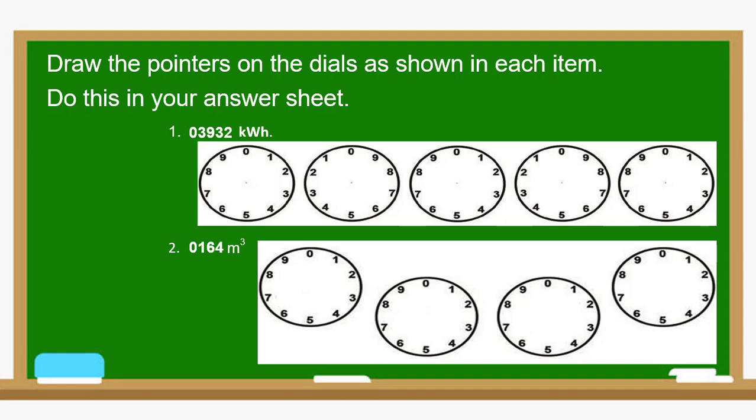Draw the pointers on the dials as shown in each item. Do this in your answer sheet.